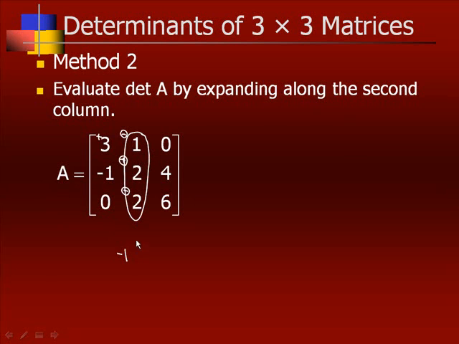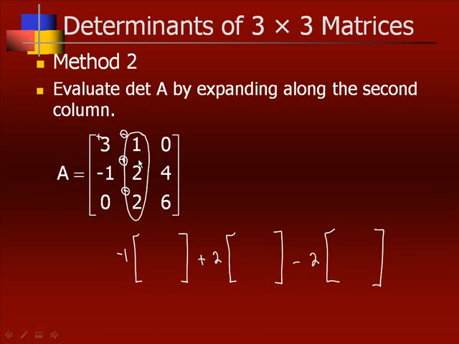So what we're going to have is negative 1 times the minor of that negative 1, plus 2 times the minor of 2, minus 2 times the minor of that last 2. Okay, so that's how we get our setup. You always start with a plus, and then this array of signs will help us out whether we're supposed to add or subtract that next term.